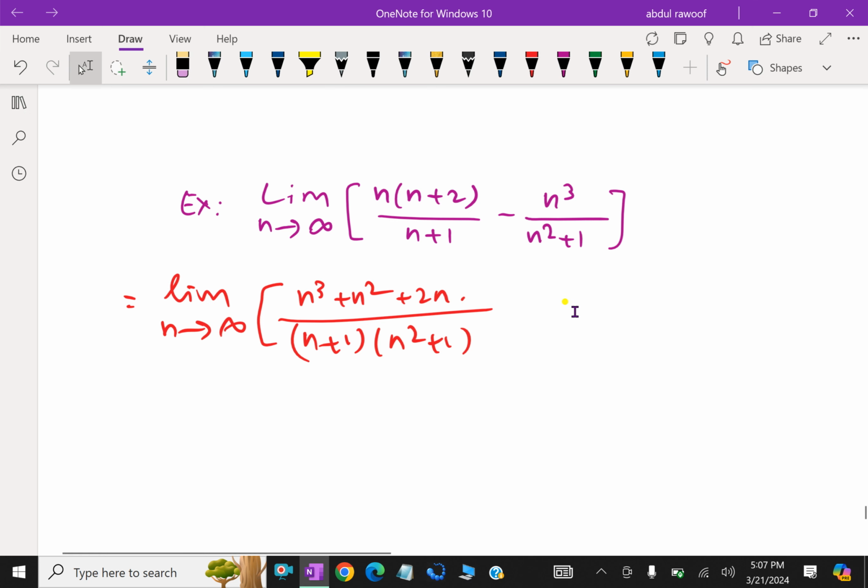That means you have to multiply with n square plus 1 throughout. This gives n cube plus n square plus 2n, and after simplification it gives the following.